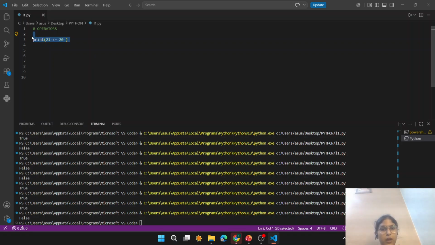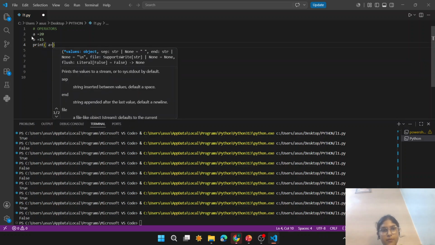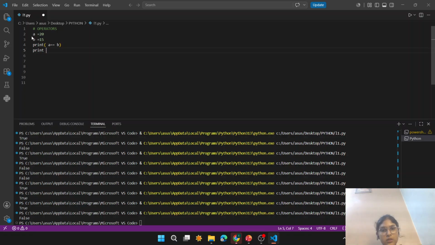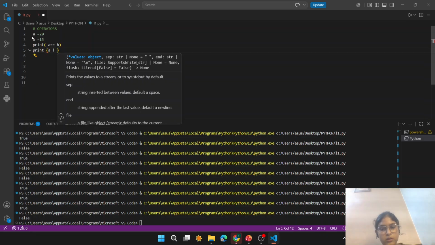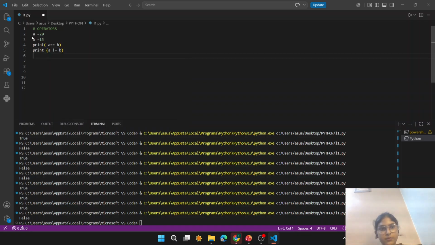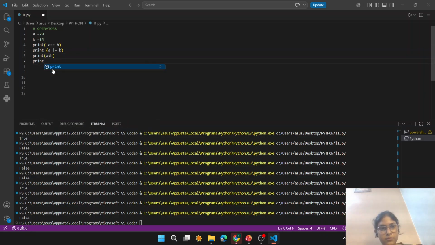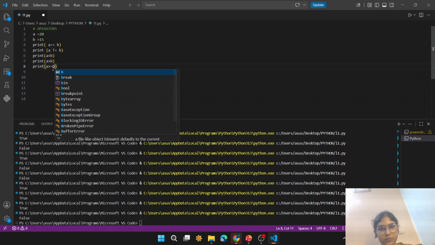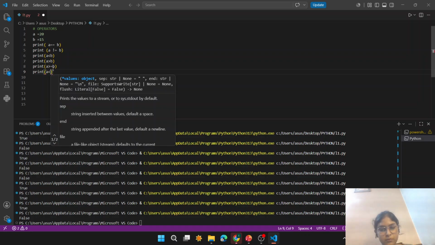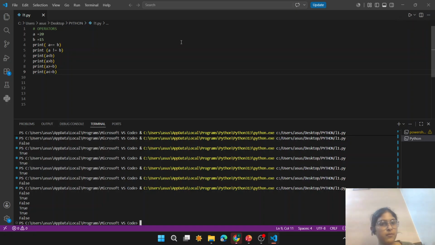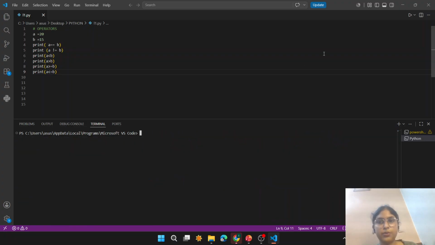So if I am assigning the values a equals 20, b equals 50, and printing these values, for a clearer version, let's do it like this.